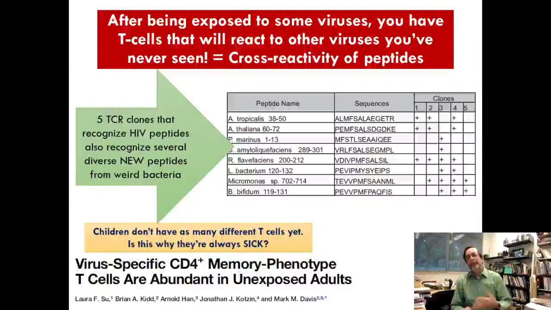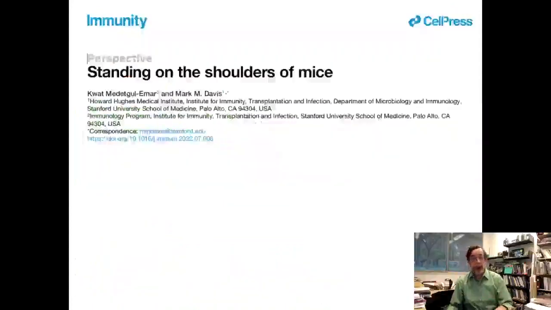And I wonder if this is related to children: if your T cells develop and they're always sick because they have T cells that don't cross-react. Maybe you're less sick because you have T cells that have been educated to be able to cross-react to new stuff. But immunity is complicated. This is just one way that this might show up.